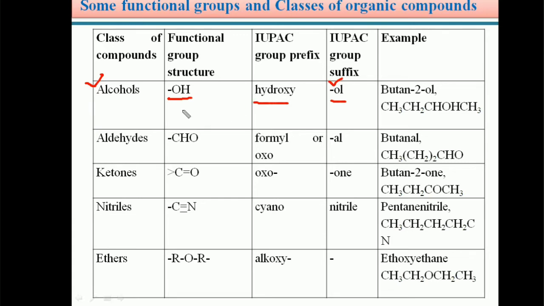Or if the OH group is a substituent, because there are some functional groups which are principal functional groups when compared with OH. Some higher priority groups like COOH, COOR, SO3H are generally higher priority functional groups than the OH group.